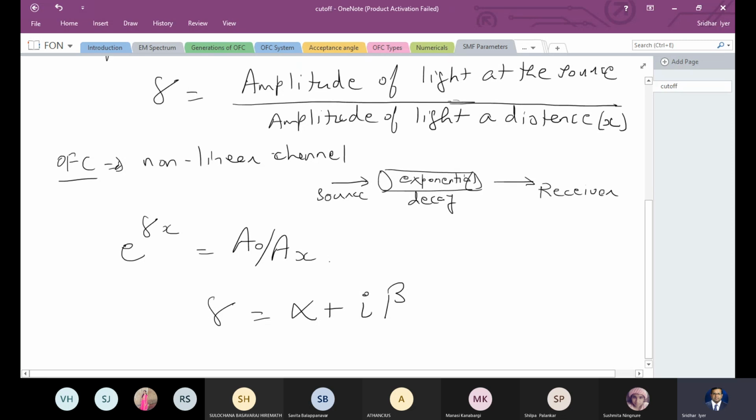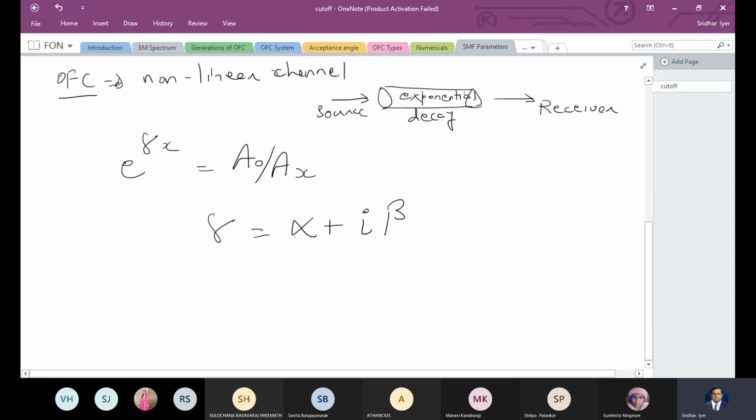We are going to see this in detail in module 2, where alpha is the attenuation constant and beta is the phase constant.